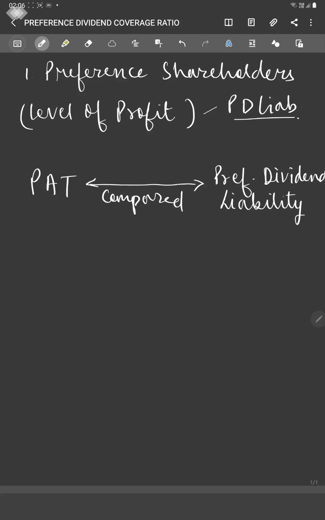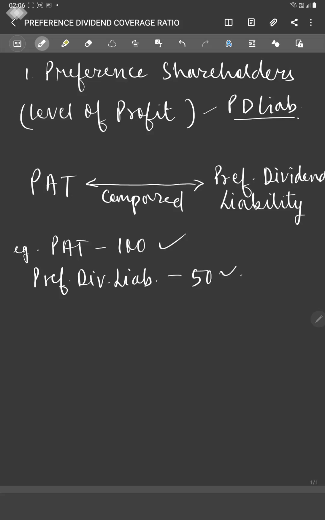Let us suppose that for any company profit after tax is 100, and suppose preference dividend liability is 50. Then we need to derive the preference dividend coverage ratio.